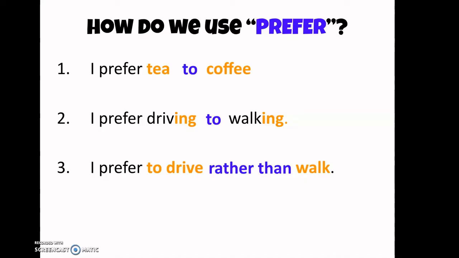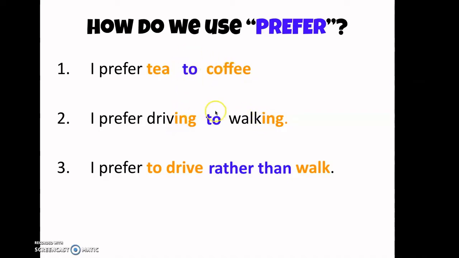So the three examples contain the verb prefer. The three examples show our general preference about something, but grammatically they behave differently. In the first example, you have two nouns, tea and coffee, and what we have in between is the preposition to.